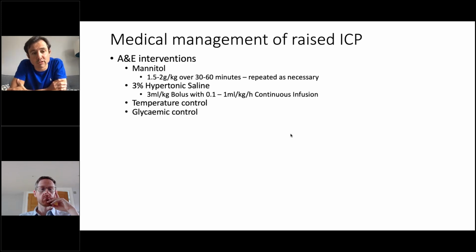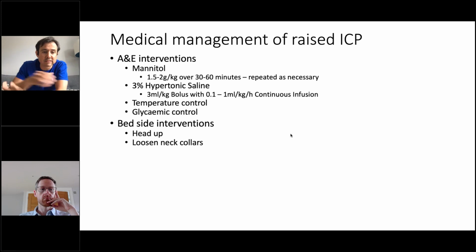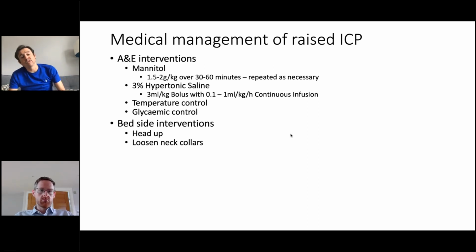So yeah, temperature control and glycemic control are really key to outcome, as well as all the other clever things that we do. But the other thing, so bedside interventions are to nurse with the head up, just to encourage venous drainage and reduce the intracranial pressure. And the other key thing as well is to loosen the neck.